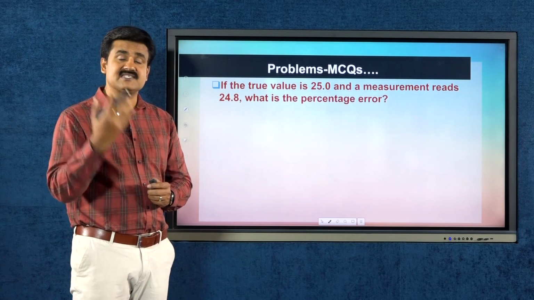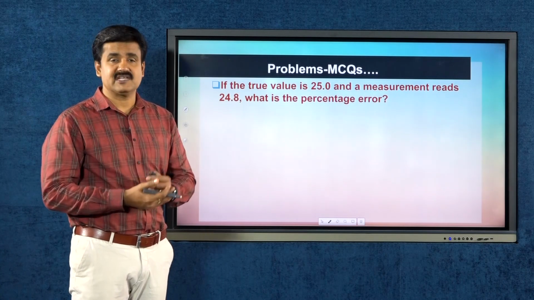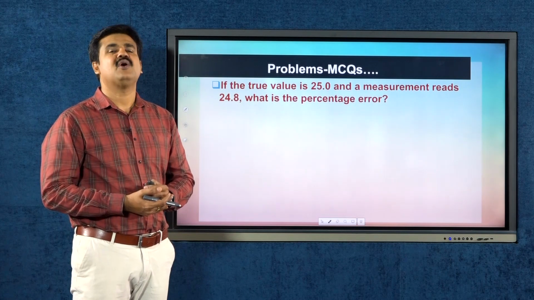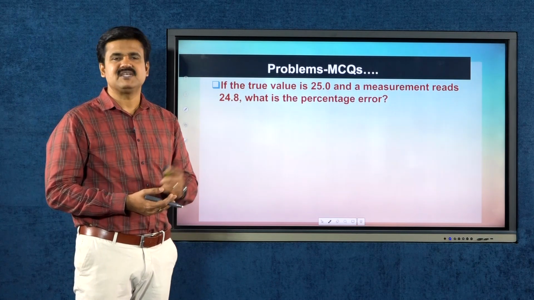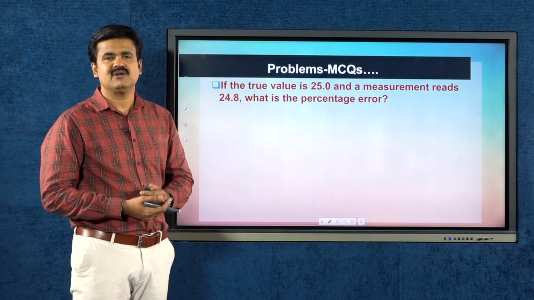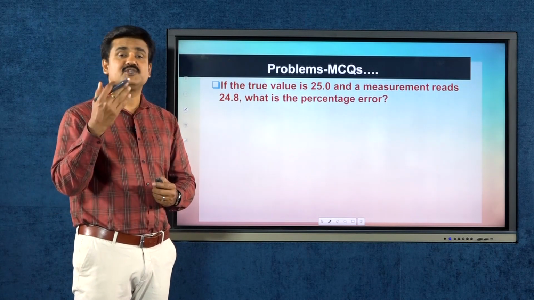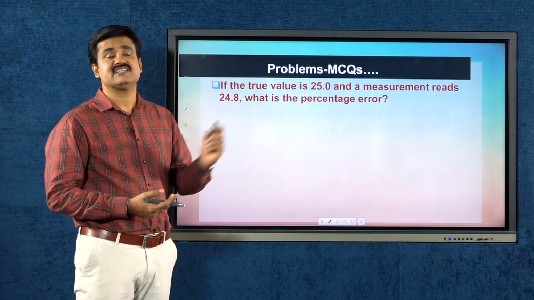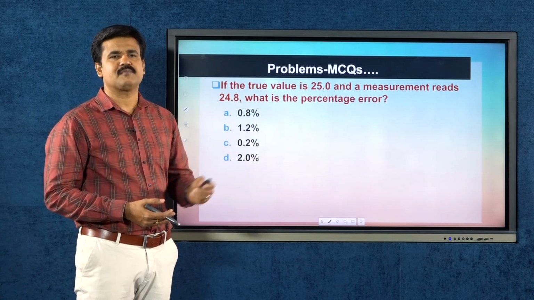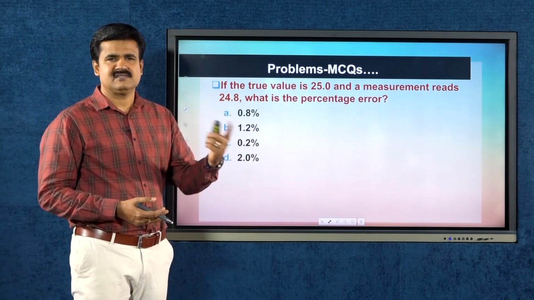So, what is absolute error? It is the modulus of the difference between the true value and the experimental value. So, you have to first take the difference between these two values, and its modulus will give you the absolute error. You have to divide absolute error with the true value, that is 25, and multiply with 100 to get the final result.